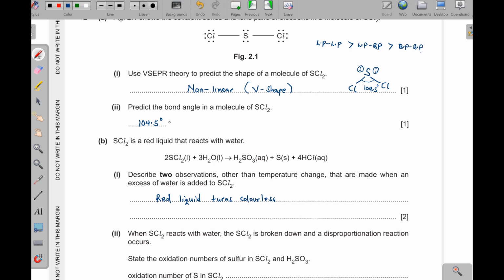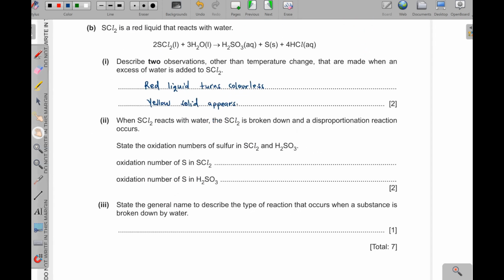That is one. Then number two, it is about sulfur, which is a yellow solid. So we can say yellow solid appears. Simple as that.